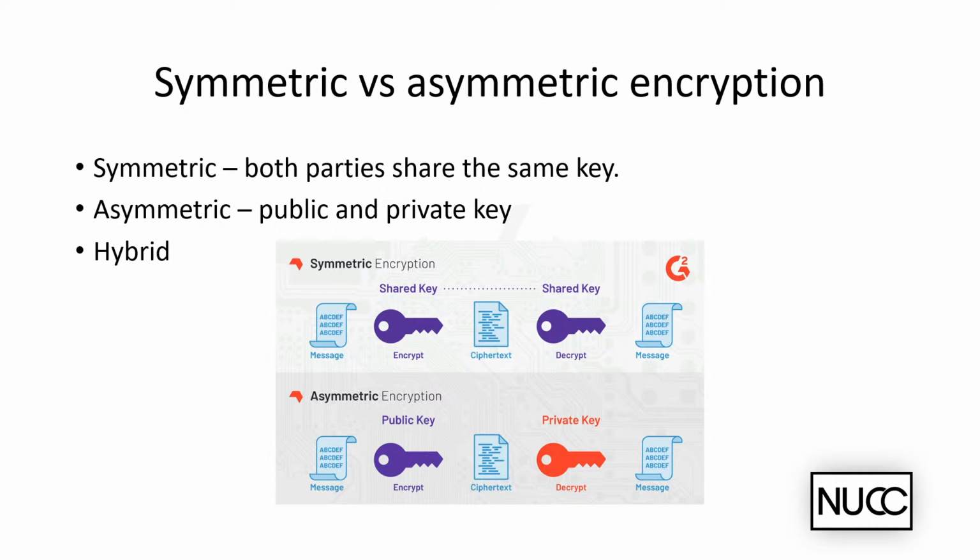So there are two main methods of encryption. It's symmetric versus asymmetric encryption key. Symmetric is where both parties share the same key. So for example, John wants to send a message to Ethan, and he encrypts it with the key he has, and gives the same key to Ethan.